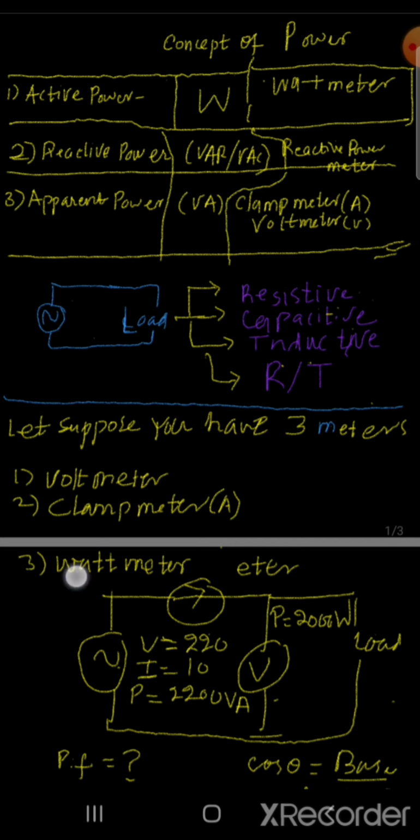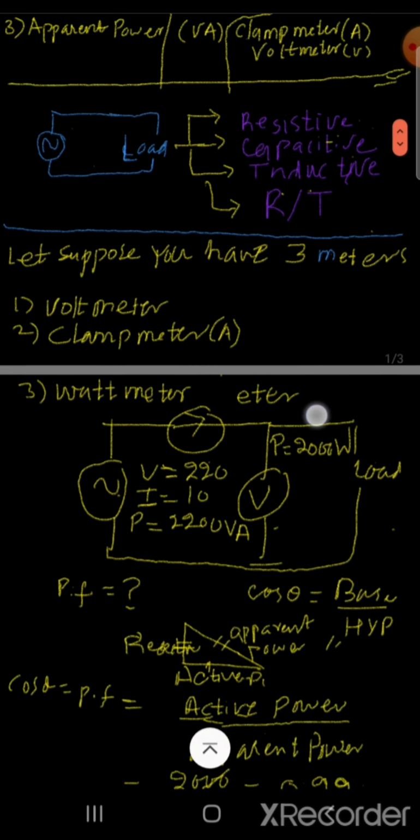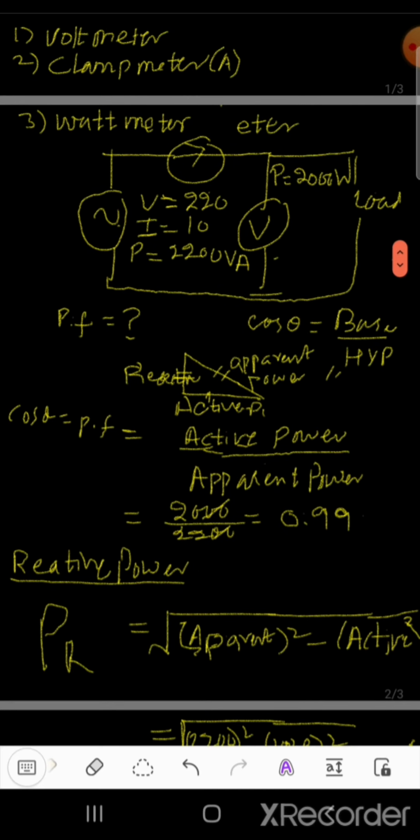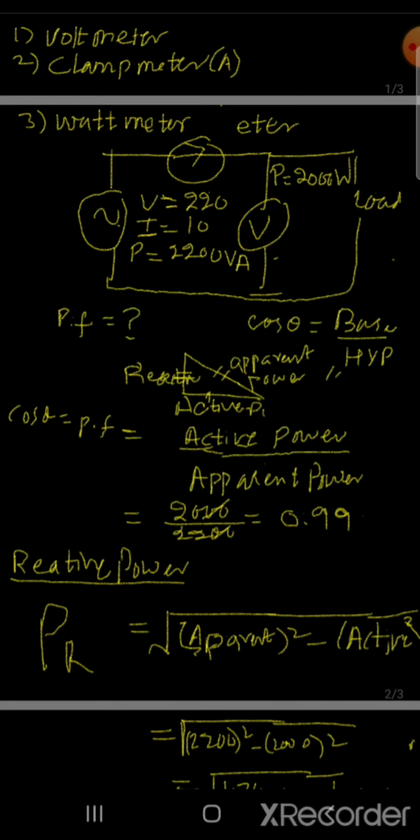The wattmeter will give us the active power, and the voltmeter and clamp meter will give the apparent power. So let's see, and check how we can find the power factor first.